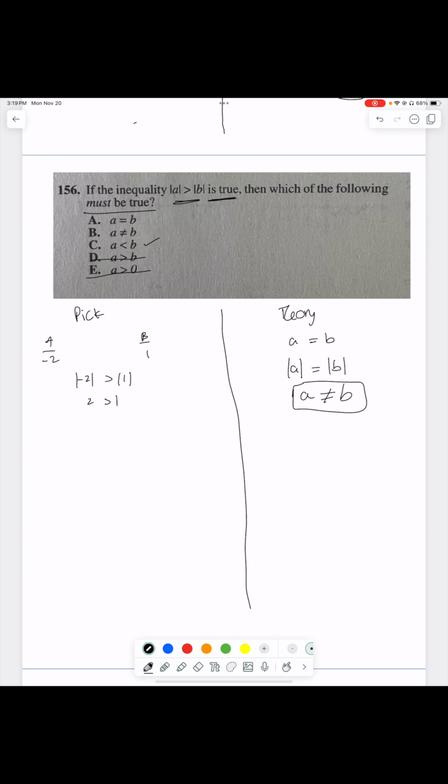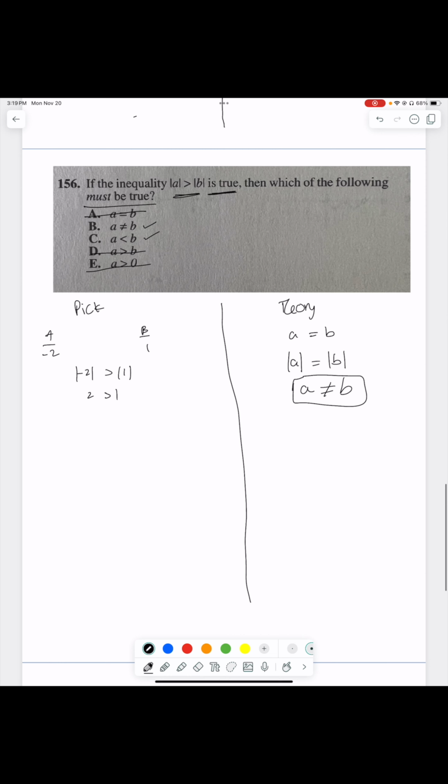Is A less than B? Yes. Does A not equal B? Correct. Does A equal B? No. So we're down to B and C, okay?